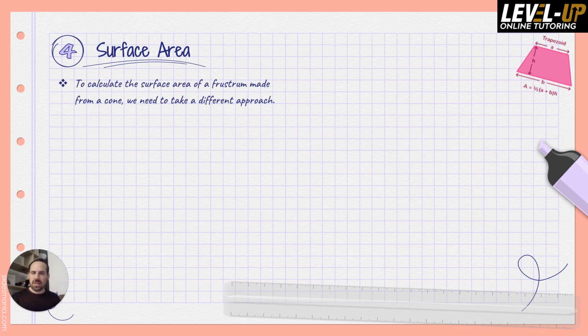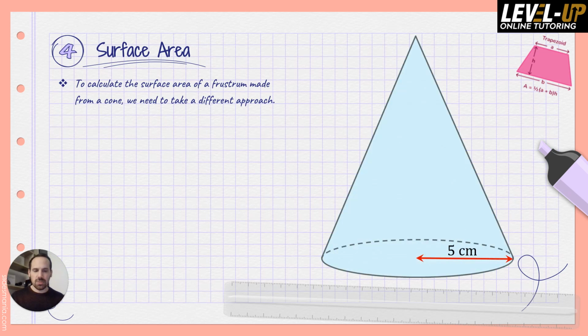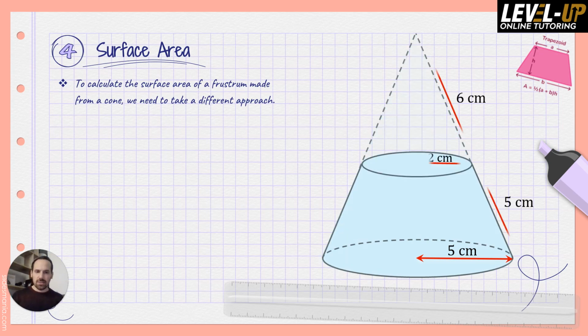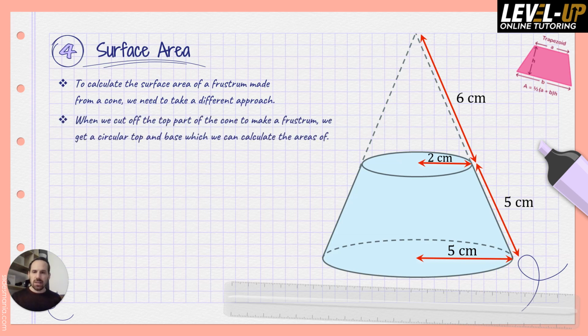So, surface area of a frustum made from a cone, we need to take a slightly different approach. We've got something like this, and we chop off the top, and we've been given these lengths. How would we calculate the surface area of this frustum? We can use what we've just learned about a cone, because this is basically a big cone with a smaller cone chopped off.